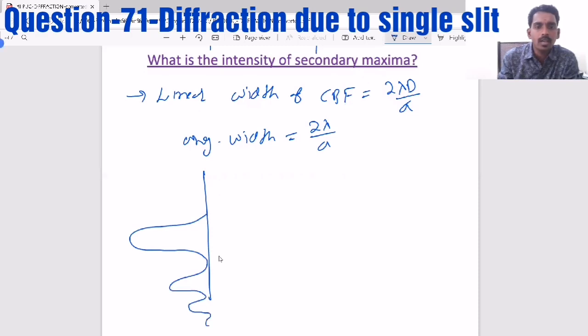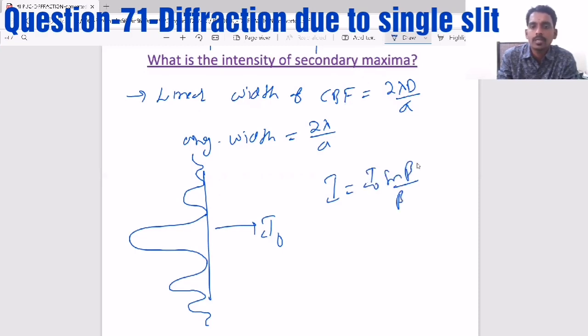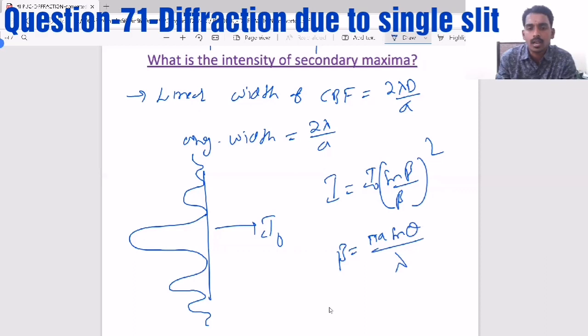When you consider the diffraction pattern, at the center the intensity is maximum and the intensity keeps on decreasing. If the central one is I naught, then the nth secondary maxima is I naught times (sin beta by beta) whole squared, where beta is pi a sin theta by lambda, and sin theta equals (2n plus 1) lambda by 2a.